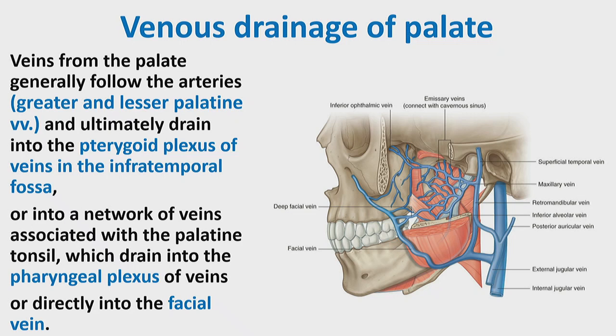And as we mentioned, more or less the venous drainage is the same as the arteries. So if we have a lesser palatine artery, we have a lesser palatine vein, but these are very small veins that finally drain into the venous plexus that we mentioned, the pterygoid venous plexus, which communicates with the cavernous sinus through the foramen ovale, for example.